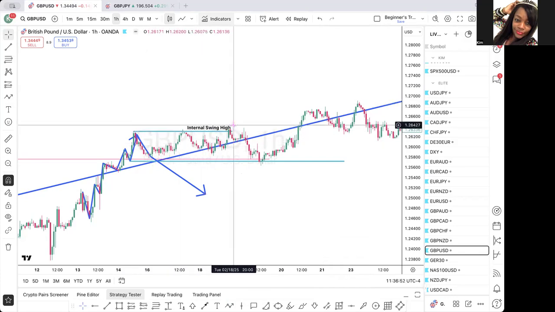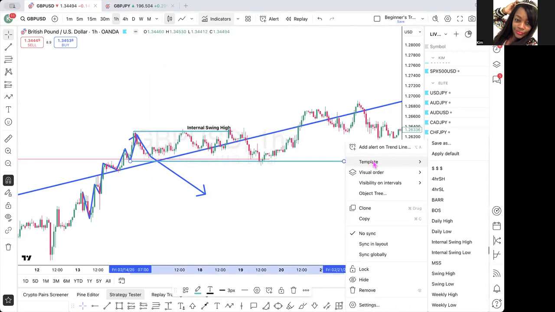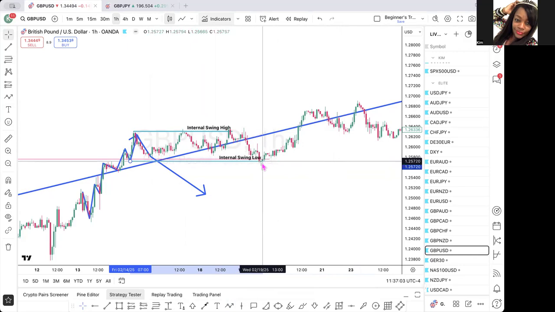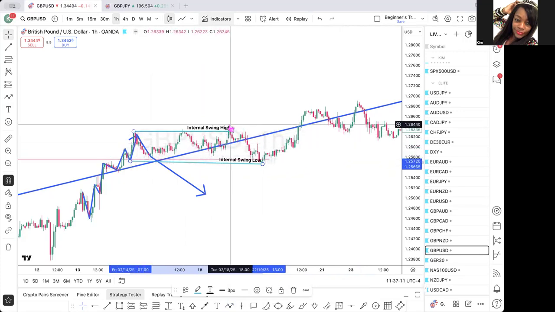So you got a break of this high, and this was the internal low. Internal low, right? So once you got a pullback to this internal high and low, and then price broke the high of that internal high and low, that is an indication that price is going to continue buying.